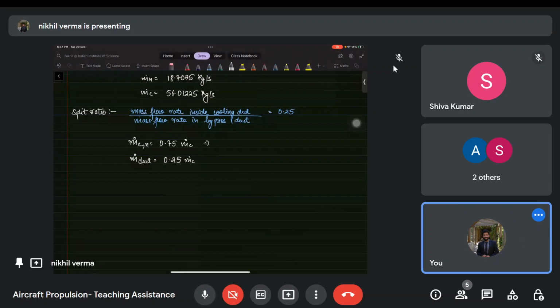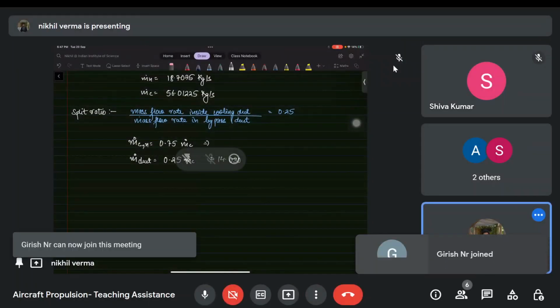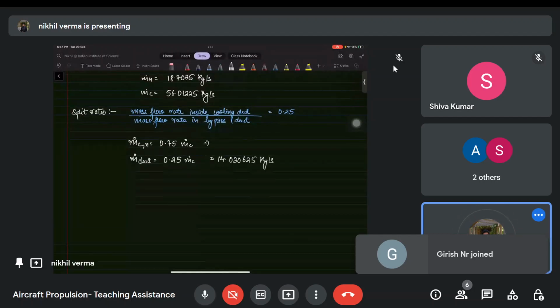So you have to tell this, thus the 14.030 kg per second.